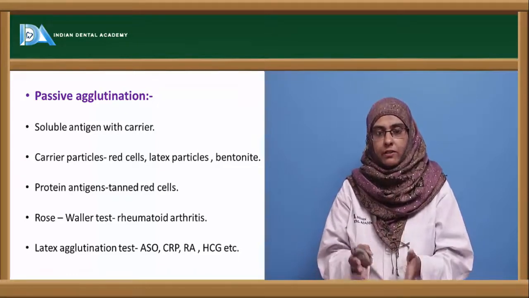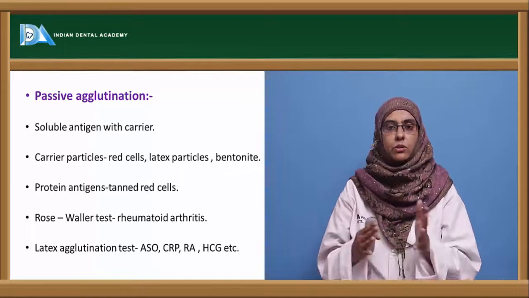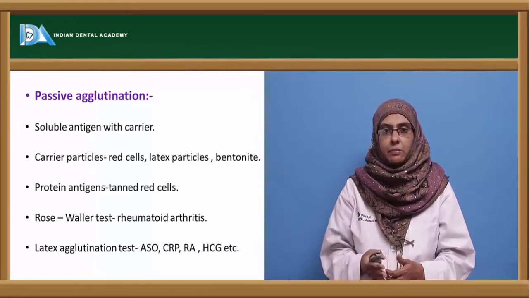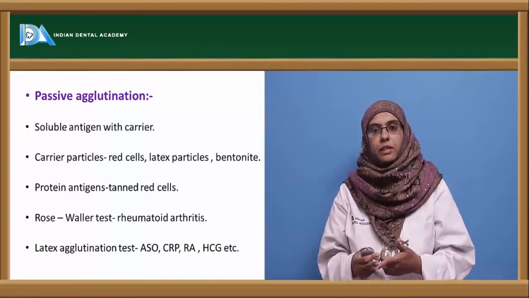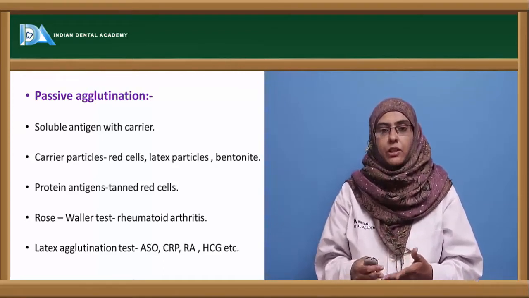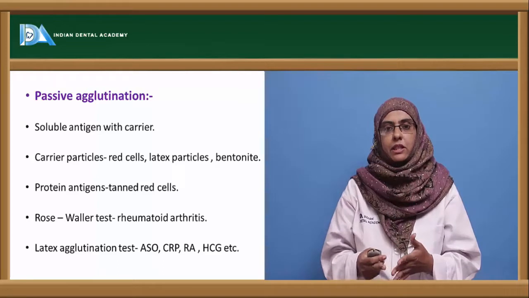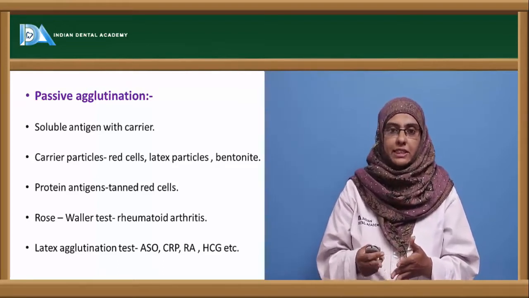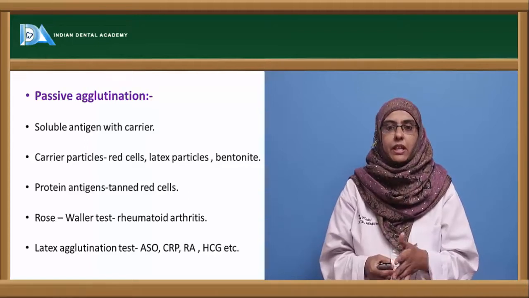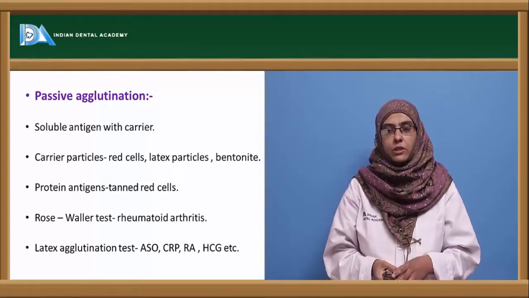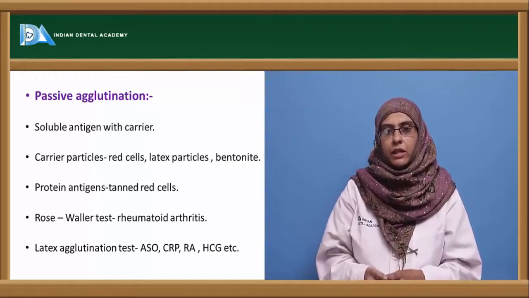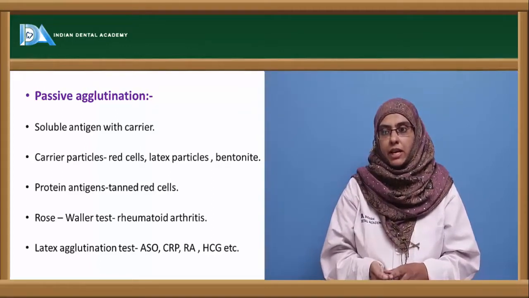For converting the soluble antigen to the particulate antigen, certain carrier molecules are mostly used. They are the RBCs, which can be human or sheep RBCs, or you can make use of latex particles, which are polymeric molecules that are artificially synthesized, or certain chemicals called bentonite. So the soluble antigen with a carrier molecule converts itself to a particulate antigen and can be used for the detection of antibodies.